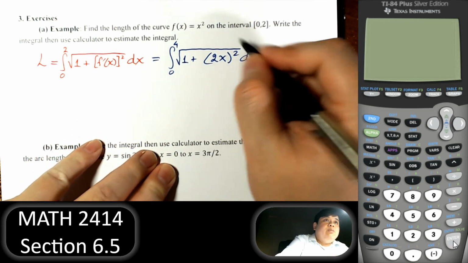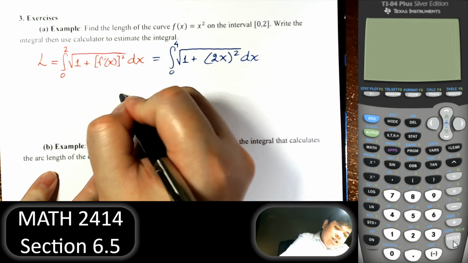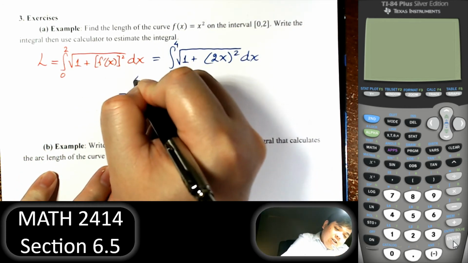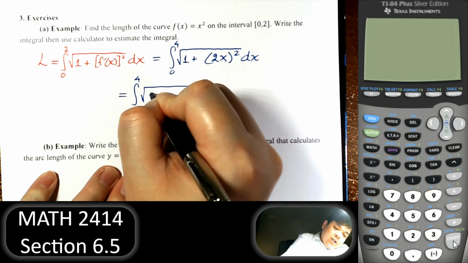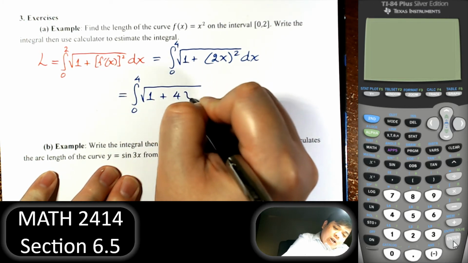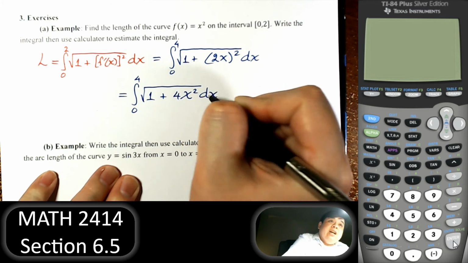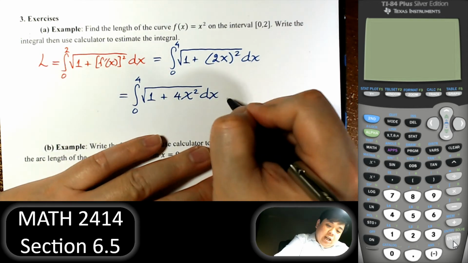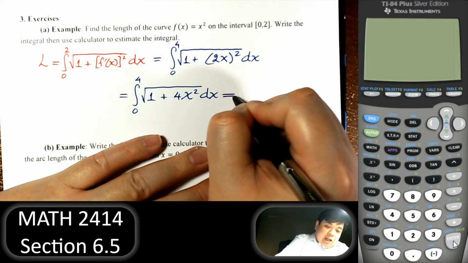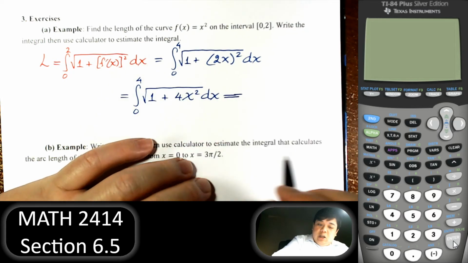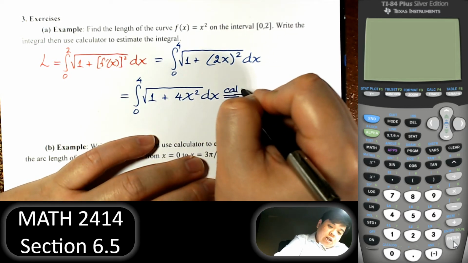Yeah, so pretty much that. Two squared is 4, x squared. Like I said, even though it looks simple, to do this we don't have enough tools at the moment. So we just estimate using the calculator here.